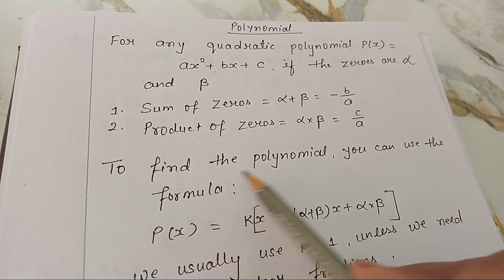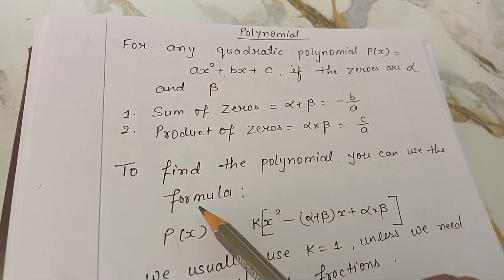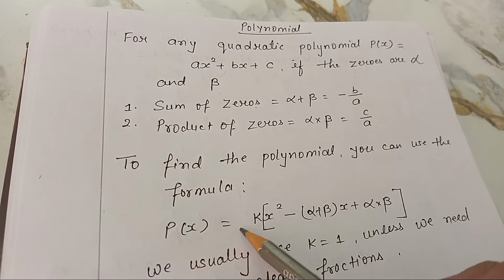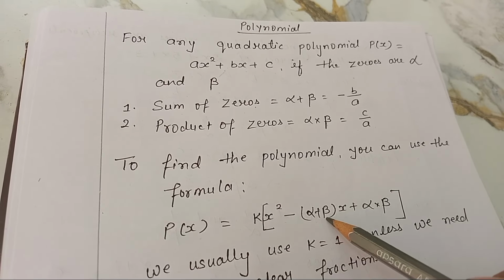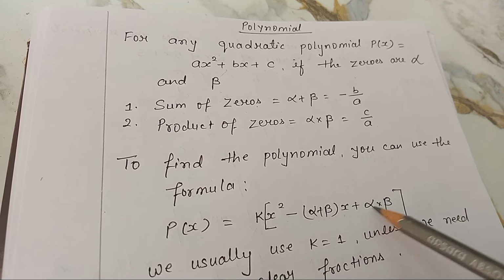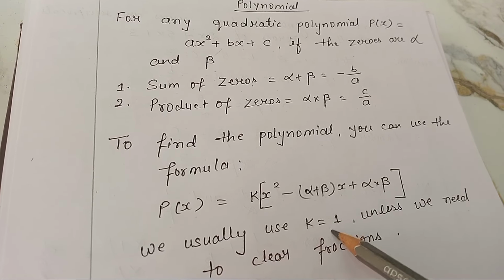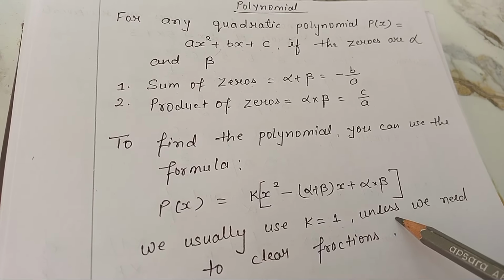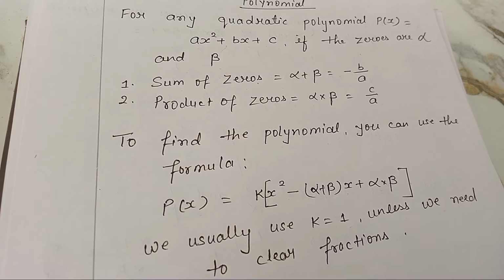And to find the polynomial, you can use the formula p(x) = k[x² - (alpha + beta)x + alpha·beta]. We usually use k = 1 unless we need to clear fractions.